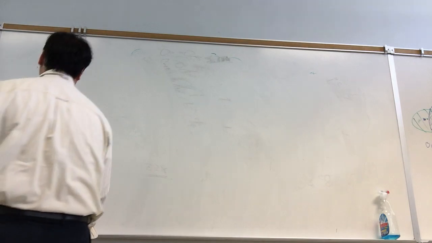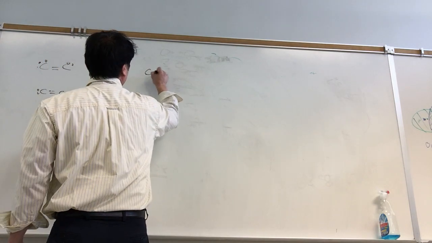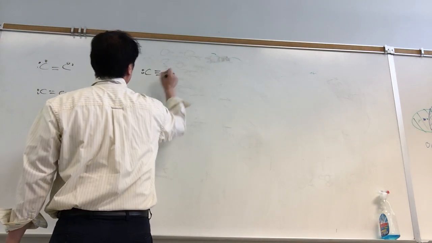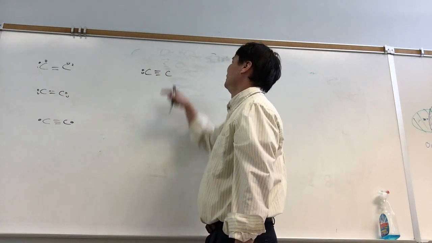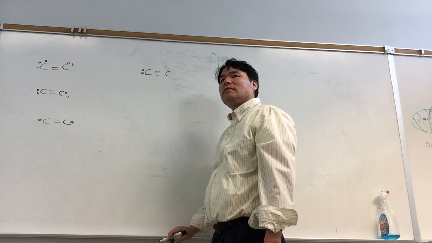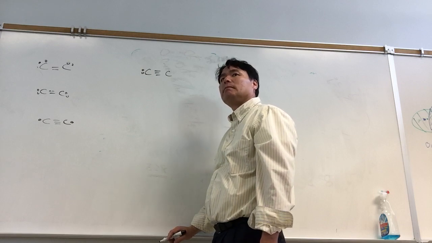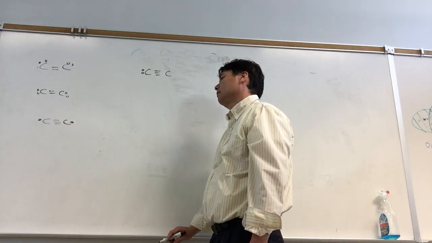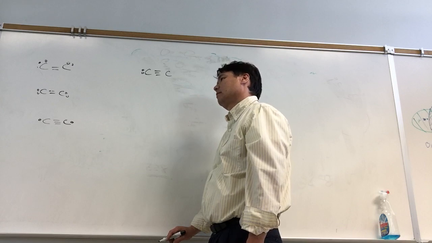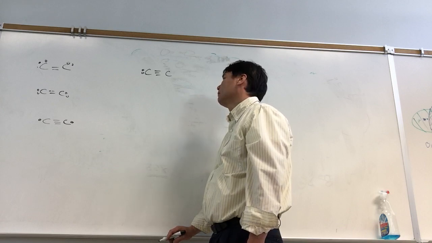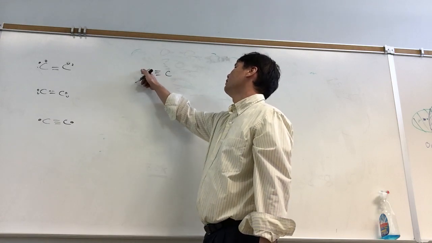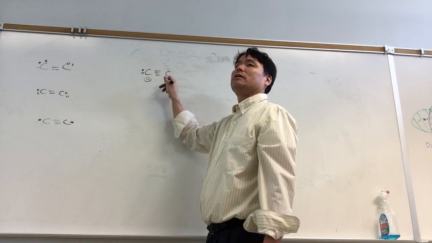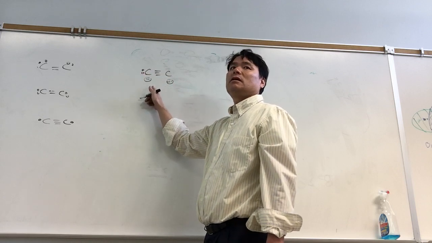I'd rather have a free radical than maybe this, because this creates formal charge: 1, 2, 3, 4, 5, negative here, positive here. Is that stable? Not at all.